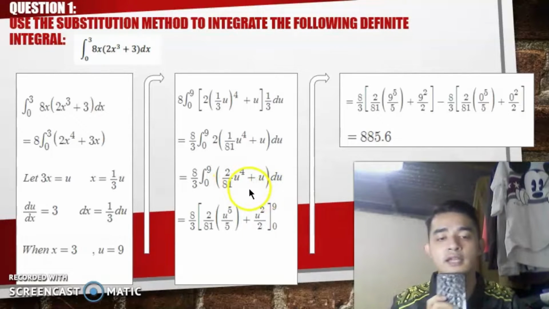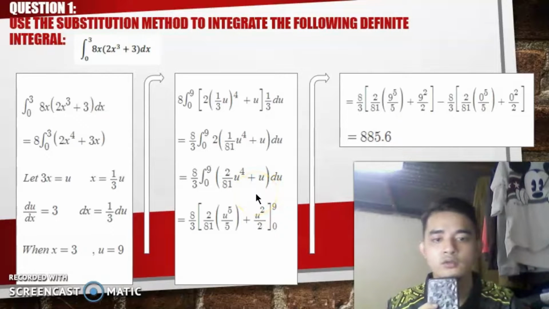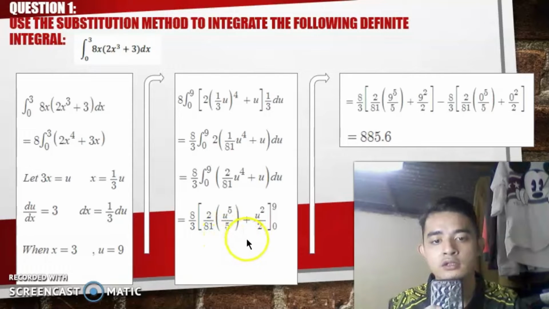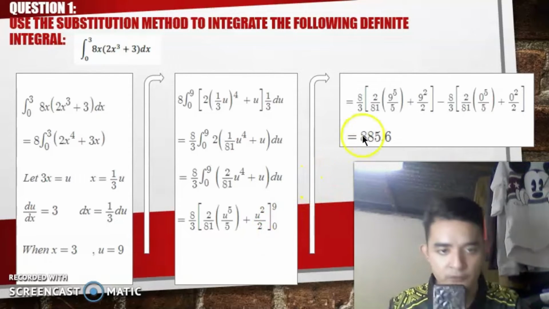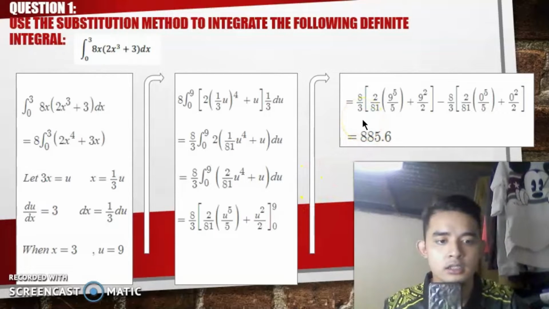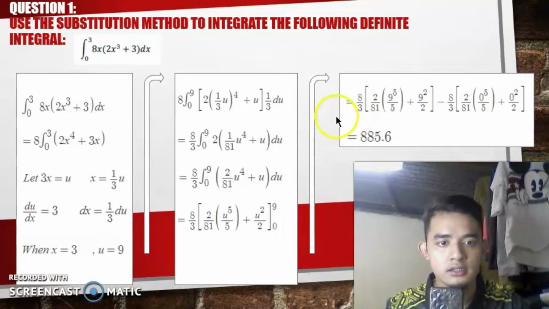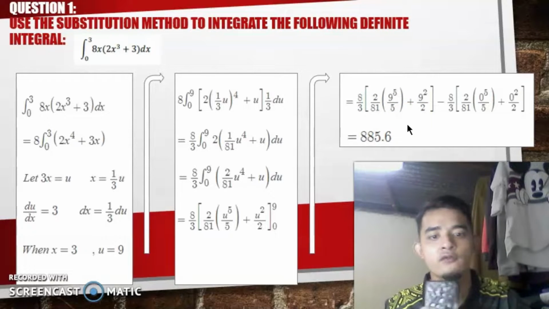After that we use the derivative of du to substitute into the equation, and we get 8/3 (2/81) (u square root of 5 over 5 + u square over 2) from 0 to 9. And then the last step is we just subtract the equation after we substitute in 9 and 0, that is u equals 9 and u equals 0.